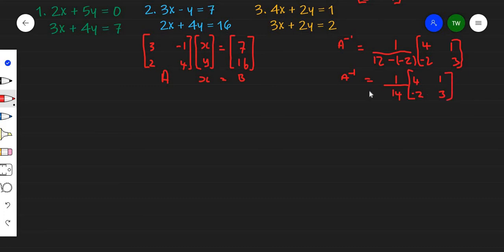Now we're going to use the A inverse to multiply both sides. But remember, A inverse times A is what's going to give us the identity matrix of a 2 by 2 matrix.